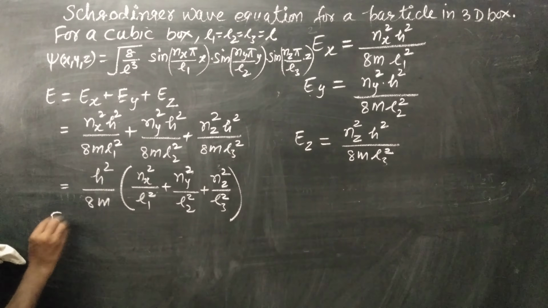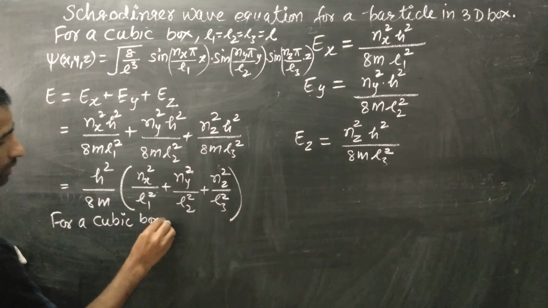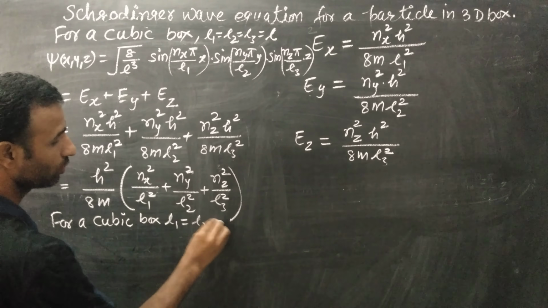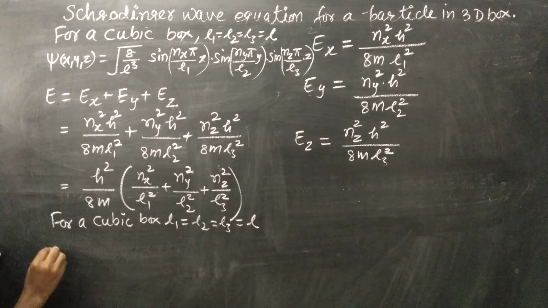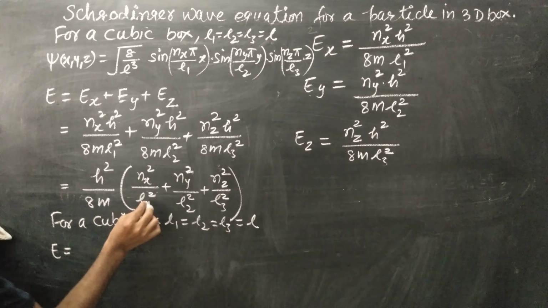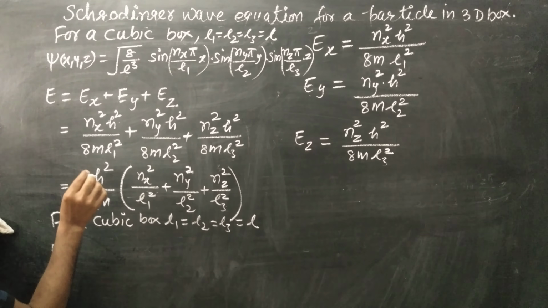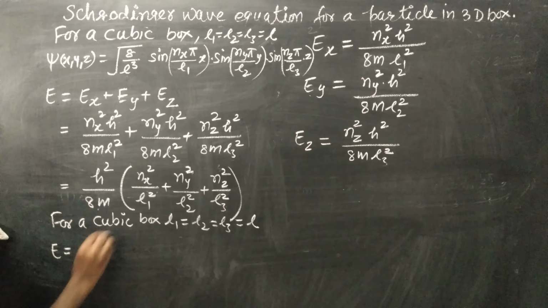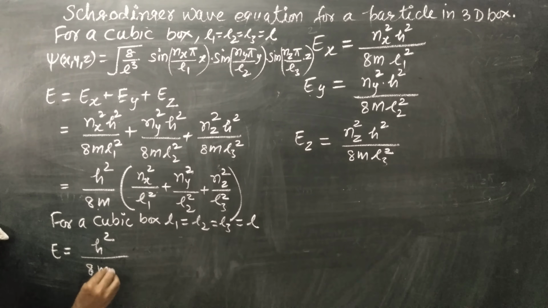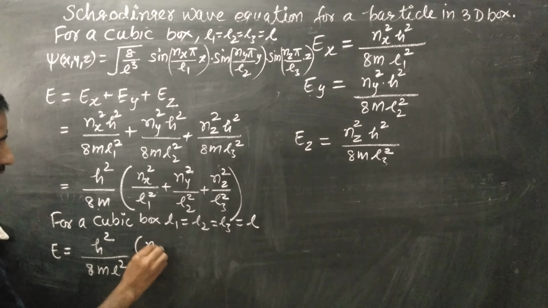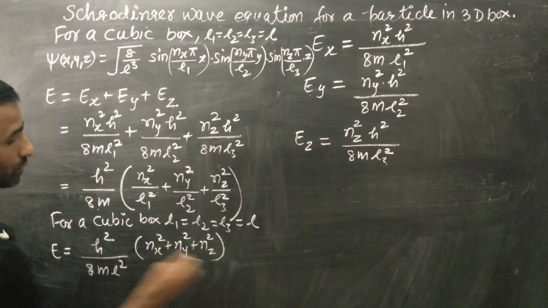Now for a cubic box, L1 is equal to L2 is equal to L3 equal to L, that we have already written. So energy is equal to, see, L square comes, it is common, right? So it becomes h square upon 8m L square and nx square plus ny square plus nz square.